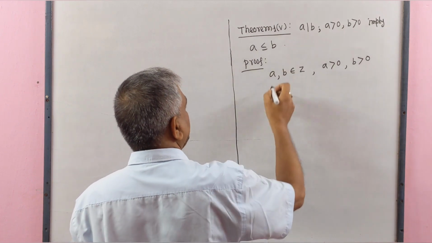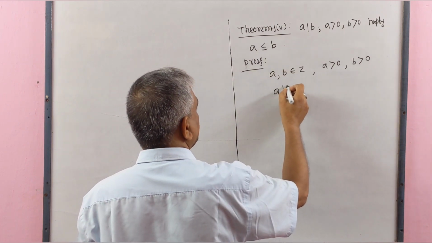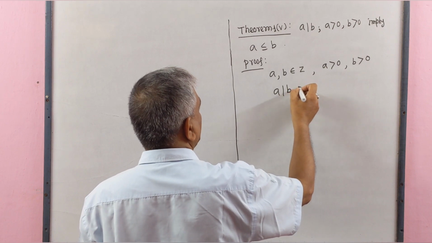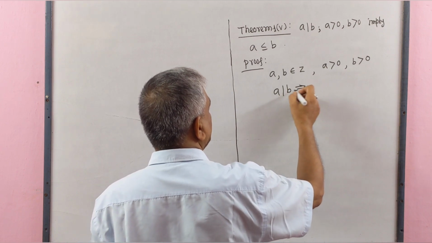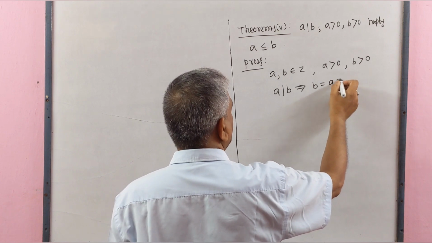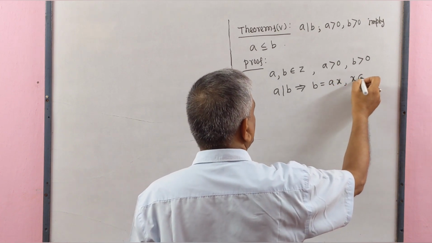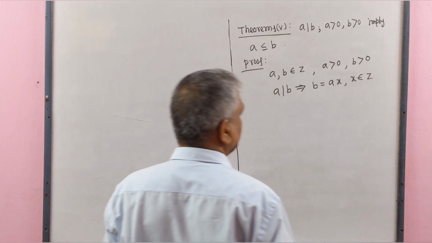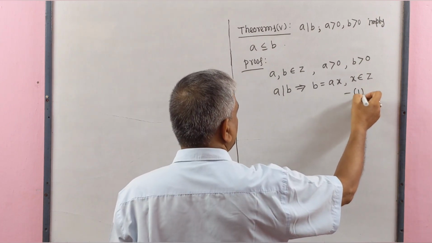Also given that A divides B, from the definition of divisibility, B equal to AX, X belongs to Z. This is number 1.